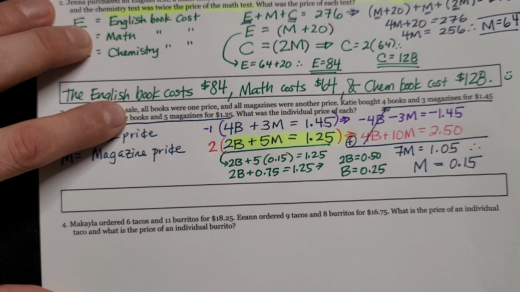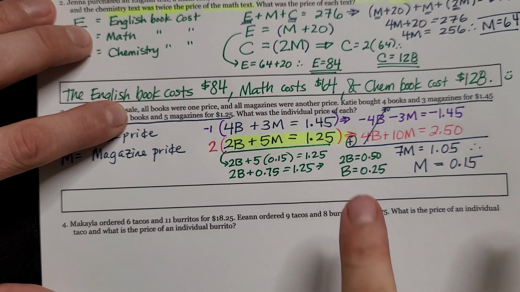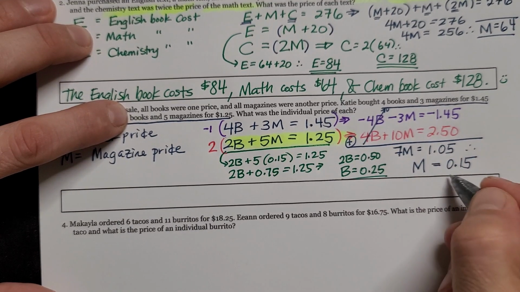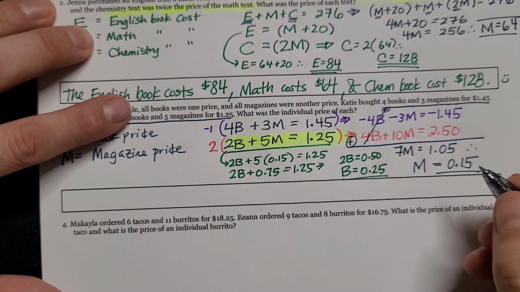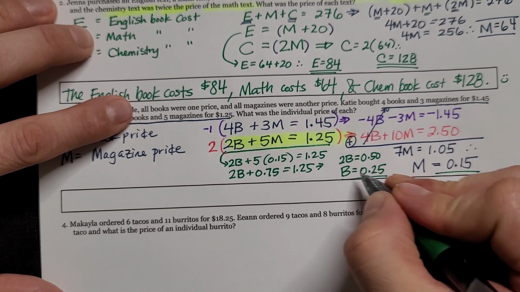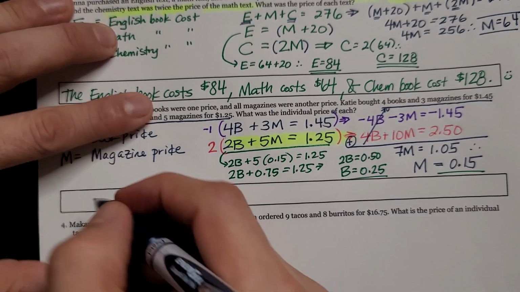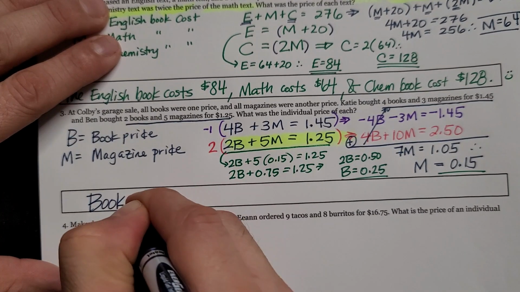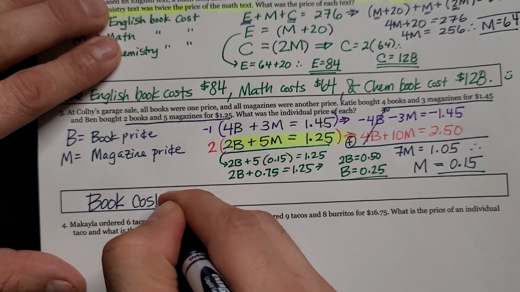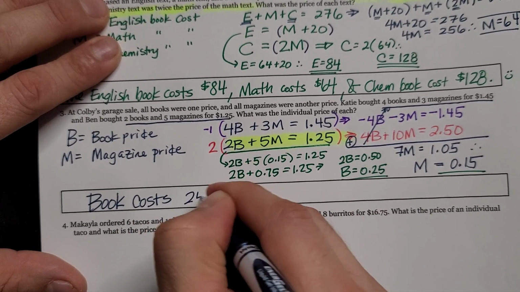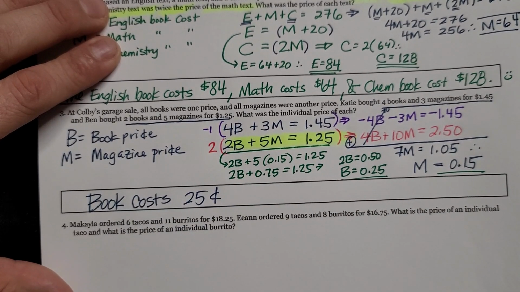Now, watch how I'm going to write these a little bit differently than these two answers right here. You can go ahead and write this as a dollar sign, that's 25 cents, or you can write it like this. Here's how I like to write it. Each book costs 25 cents. There's your symbol for cents.